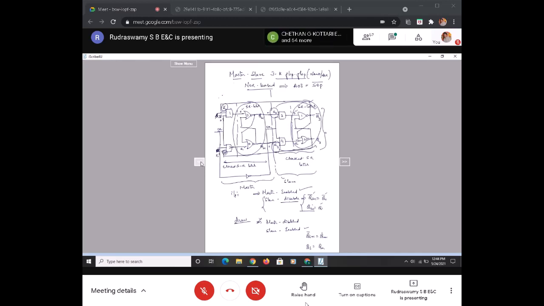You can see that it's Q bar, and Q is not varying because this Q and Q bar are from the output. Is that clear? This is what is important. So it is not varying.